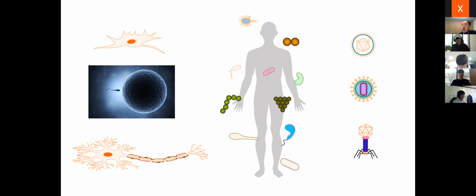How many are our own cells or bacteria, nobody knows exactly, but many people say our body has maybe 10 trillion cells and 10 times as many bacteria. That means 100 trillion bacteria live together.